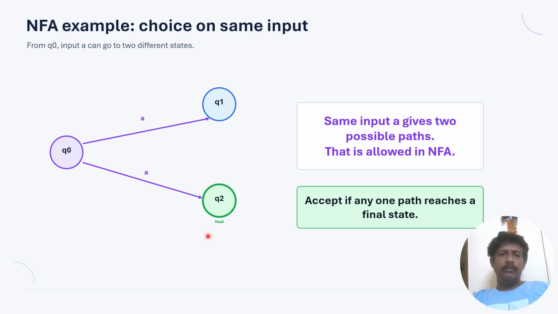Now, if Q2 is a final state, then one possible path has reached the final state, so the input can be accepted. This is the main beauty of NFA. It is not saying only one road is possible. It is saying many roads may be possible, and if any successful road exists, the string is accepted.